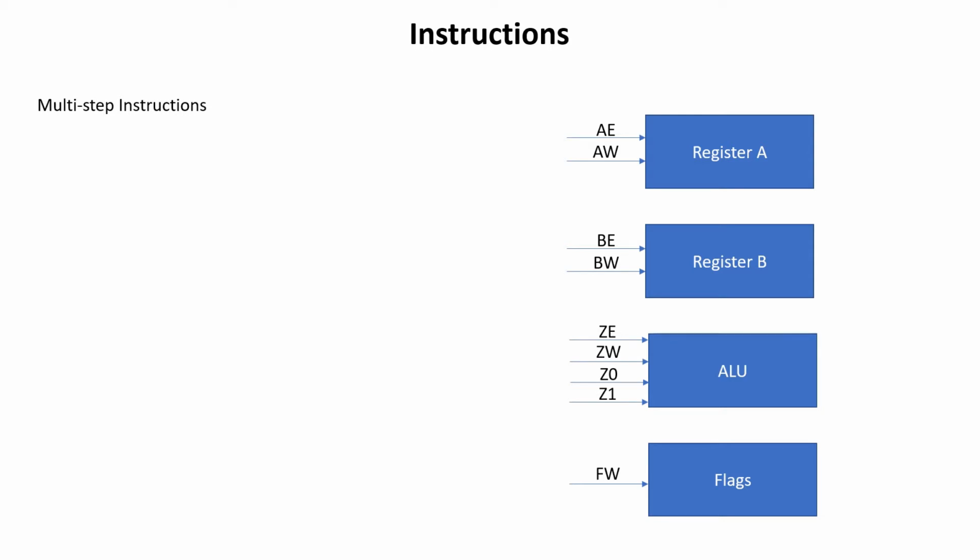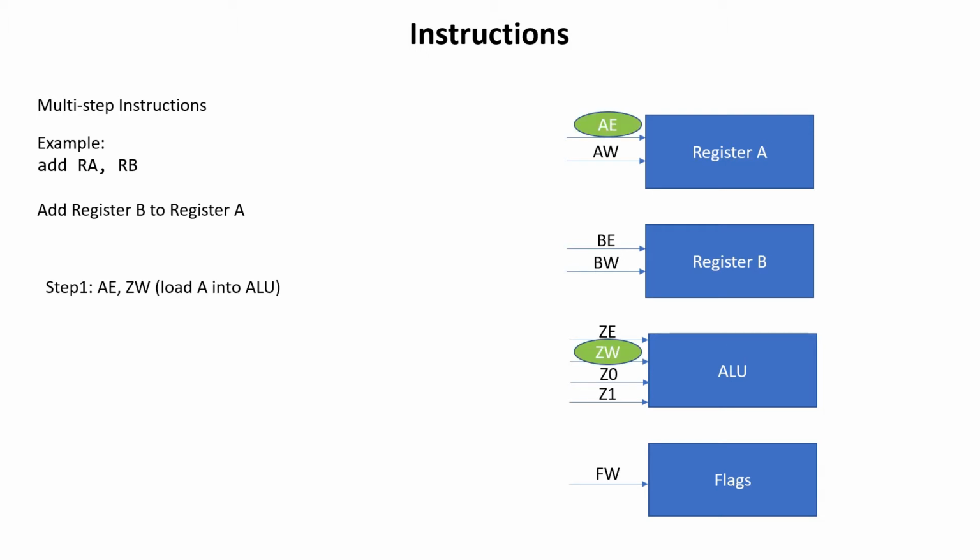Some of the instructions have more than just one step, so there is more than just one thing to do during that instruction. For example, the instruction add register B to register A consists of several steps, where the first step is enabling the output of register A and loading it into the accumulator, so in the ALU.